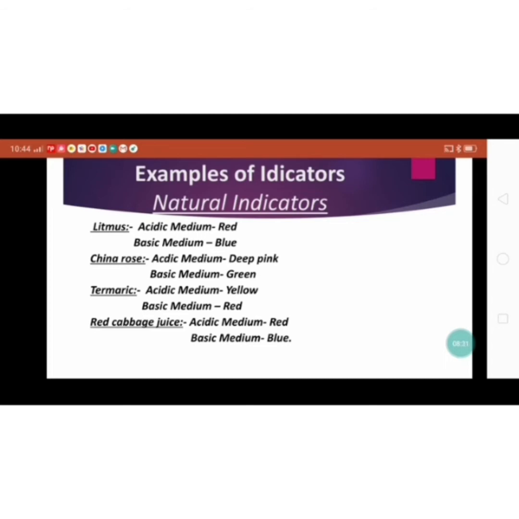And pour some drops of lime water one by one on red litmus paper and blue litmus paper. We will see red litmus paper will turn to blue. This shows that calcium hydroxide or lime water is basic in nature.